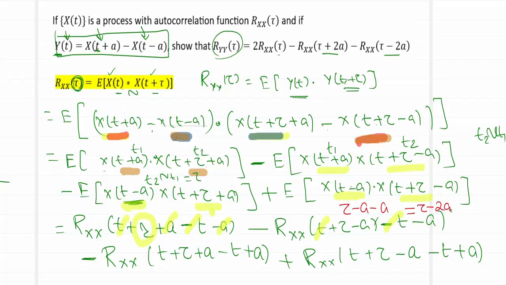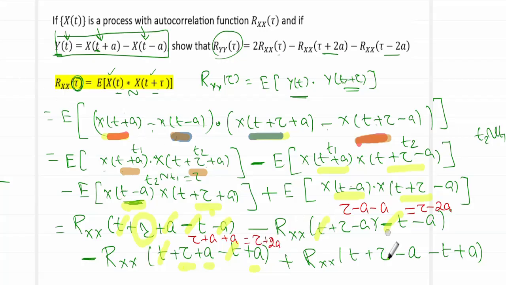Now coming to the third factor, plus t minus t cancels off, and what you are left with is tau plus a plus a. So you have tau plus 2a. So this is my quantity left out.